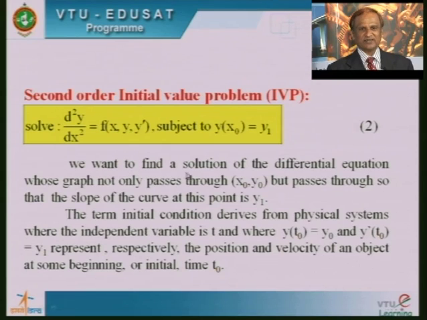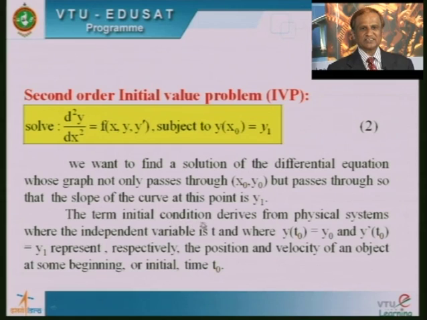So, we want to find a solution of the differential equation whose graph not only passes through x naught and y naught, but also has slope y 1 at that point. When you draw the solution curve, it passes through the point x naught and y naught, and the slope of the curve at that point is y 1. That is the meaning.